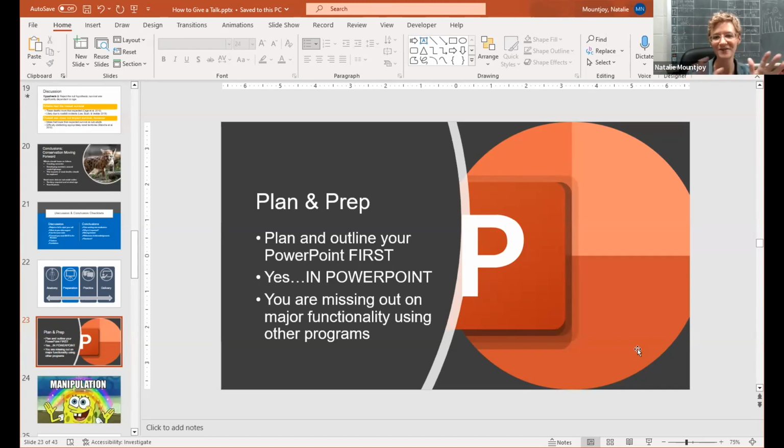I totally get that other platforms have really great properties, especially if you're working in a collaborative way. But PowerPoint by far and away has the most functionality, like 10 times the functionality of those other platforms. You're making your life more difficult, and you're missing out on some really great functionality in terms of preparing your PowerPoint slides.